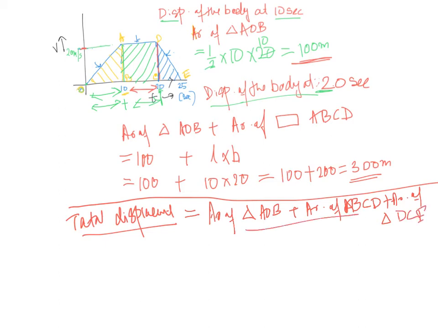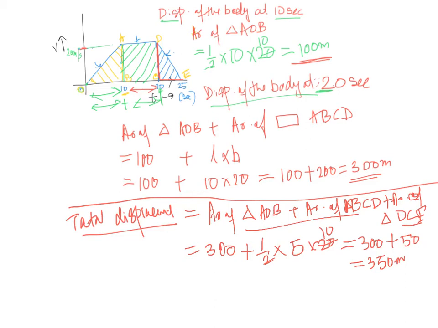These two I already know, which is 300 meter, plus I'll just find the area of DCE, which is half into base into height. How much is the base? Base is this much, which is 5, and height is again this much, which is 20. So this is 50. My answer is 300 plus 50, which is 350 meter.